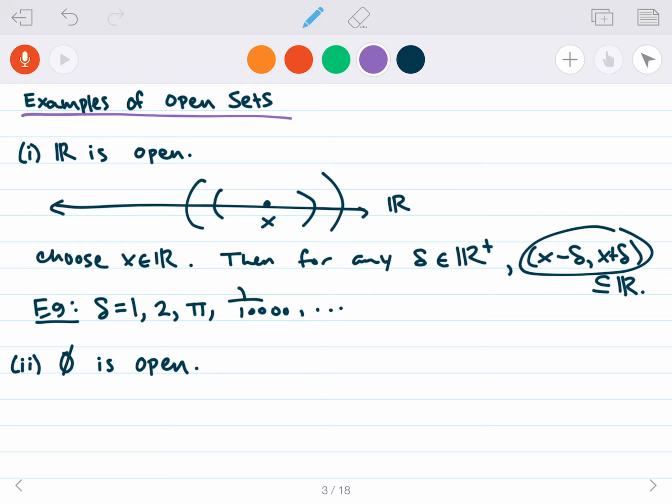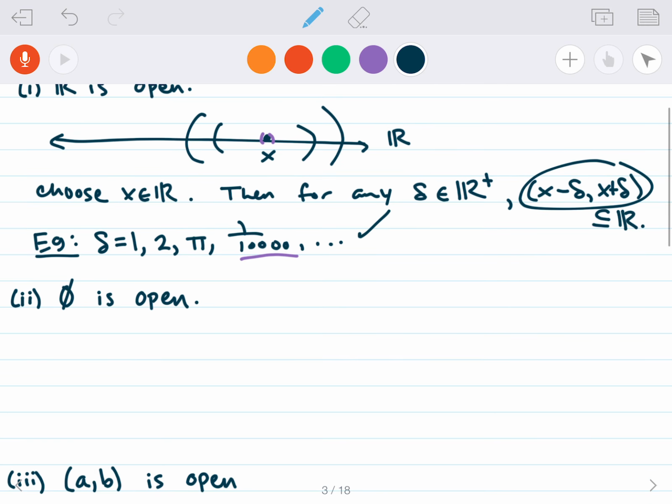No matter how small we make our delta, even 1 over 10,000, it's a really tiny neighborhood, but nonetheless it's still contained in the real numbers. So we can assert that the real numbers are an open set. Okay, so reals are open.